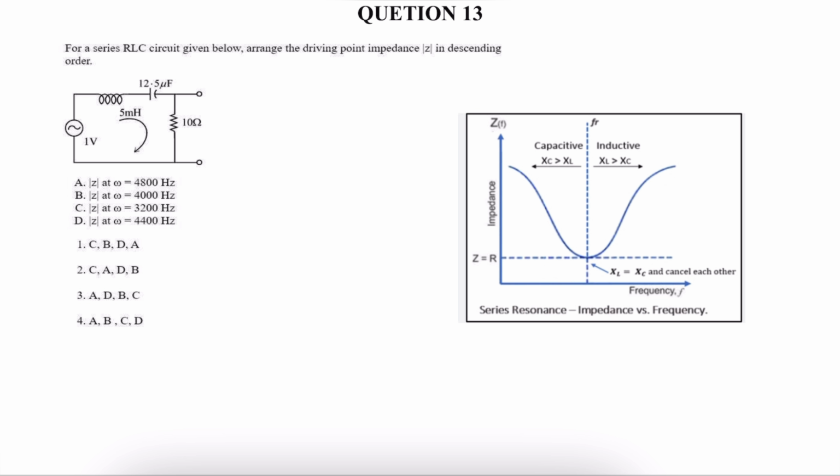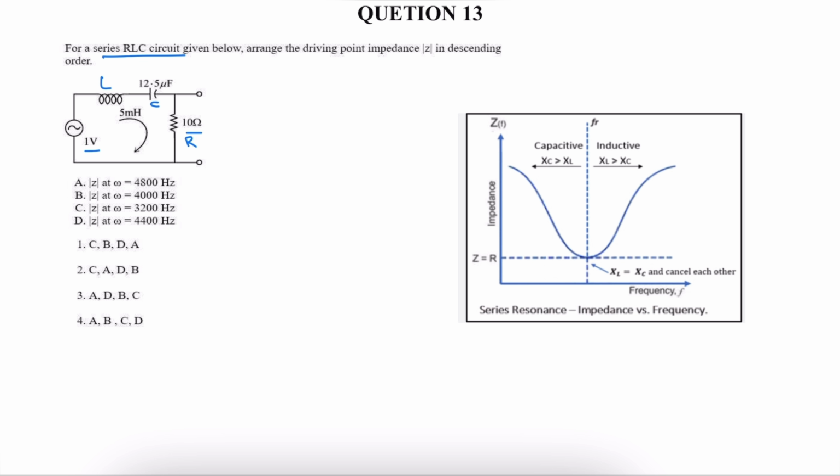Given a series RLC circuit with source voltage of 1 volt, resistance 10 ohm, capacitance 12.5 microfarad, and inductance L is 5 millihenry. So the given circuit is a series RLC circuit.